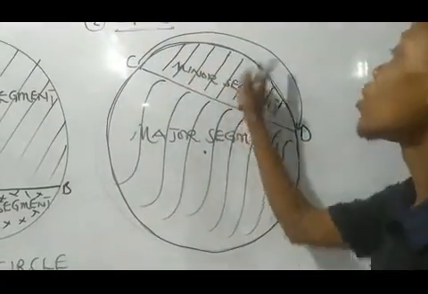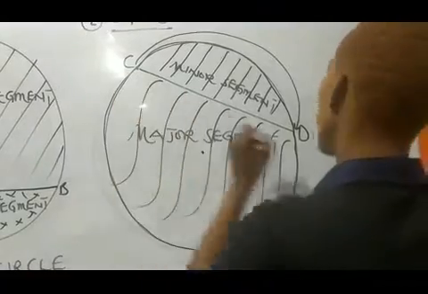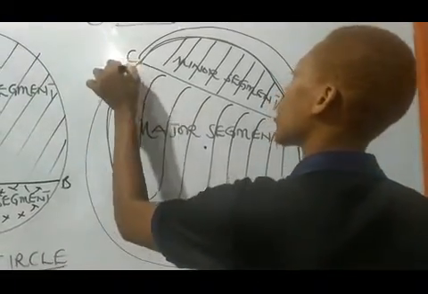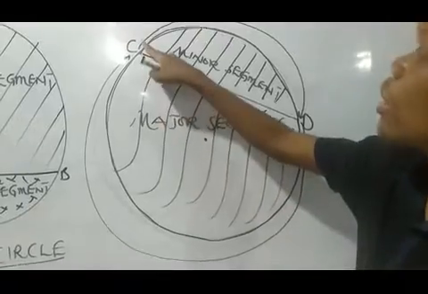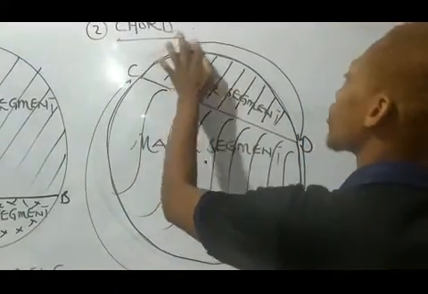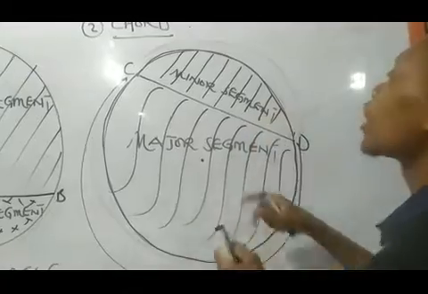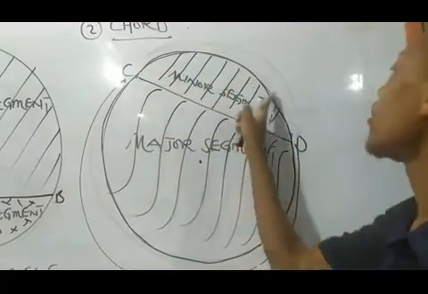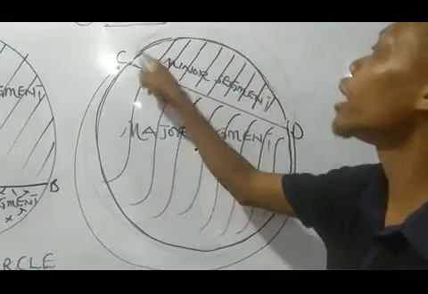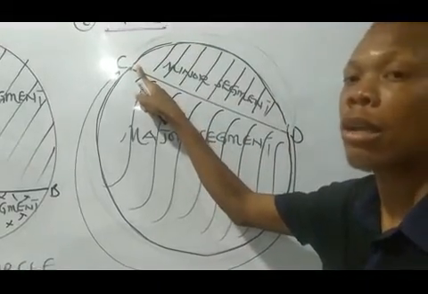We call these arcs. So this one is an arc, and this is also an arc. Now, because this is smaller, we call this a minor arc.